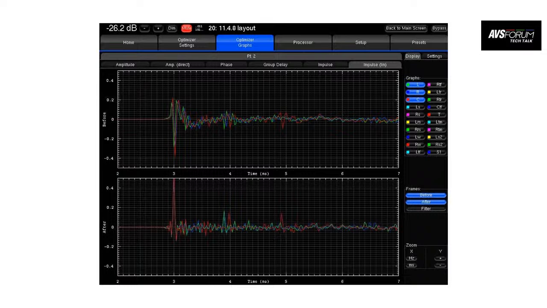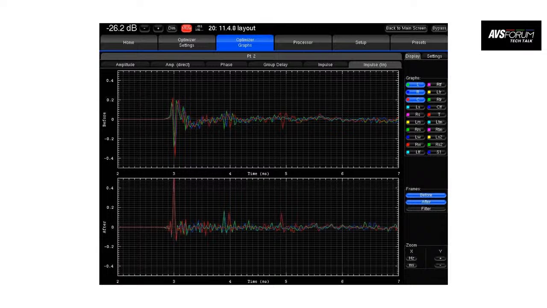Now, what we should be seeing ideally is just a single line that is overlaid on the 3 millisecond point. We don't see that in the top graph. We see the movement going forward, and then it moves radically backwards, and then kind of jumps around in the speakers. So we don't have a particularly good impulse response.